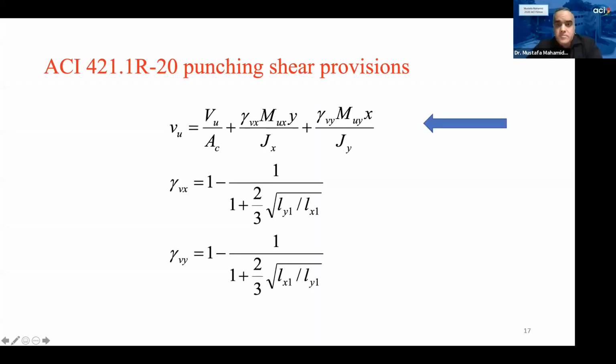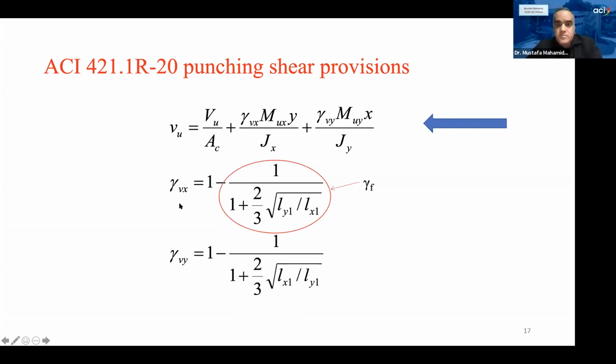Okay. So how do we calculate the punching shear stress, the applied punching shear? That's equal to the direct shear, plus the contribution from the moment on each side, in the x direction and the y direction, multiplied by gamma v. You know gamma v is the contribution for shear, which we know from slab design, and gamma v can be calculated using this equation.